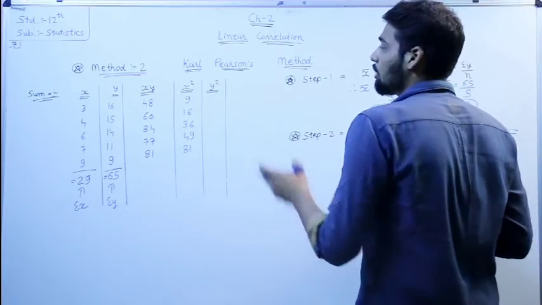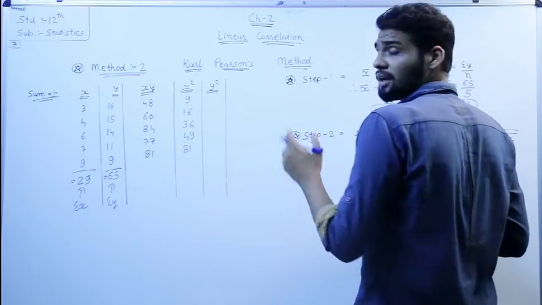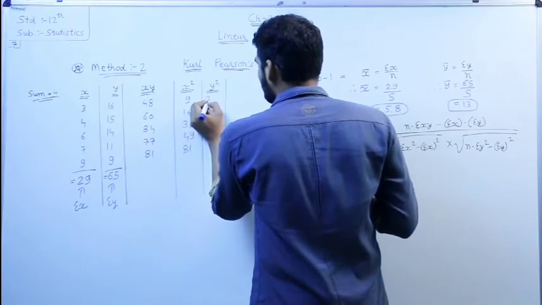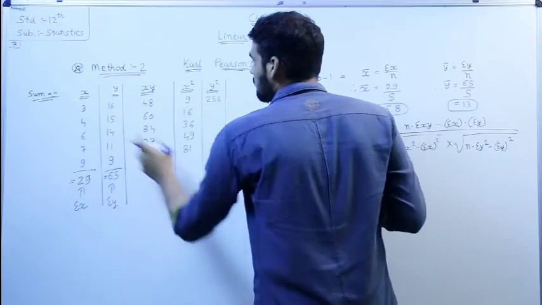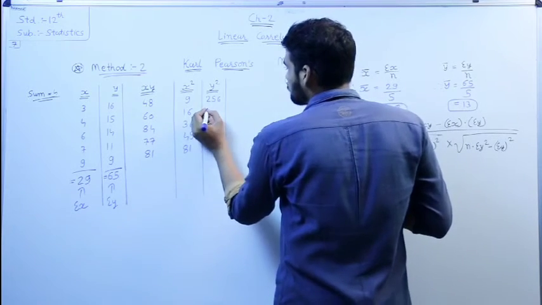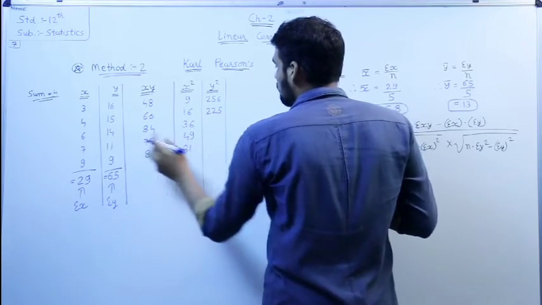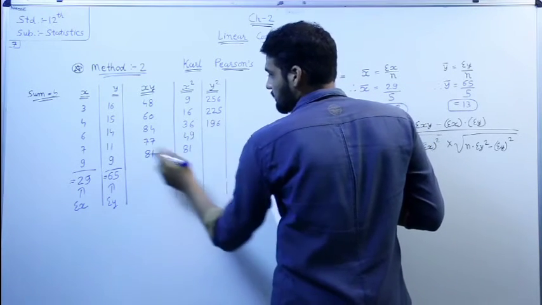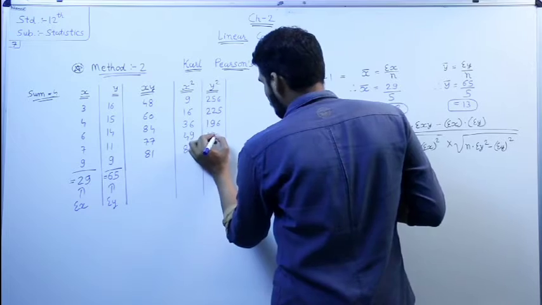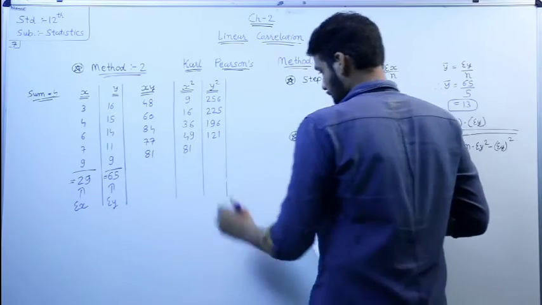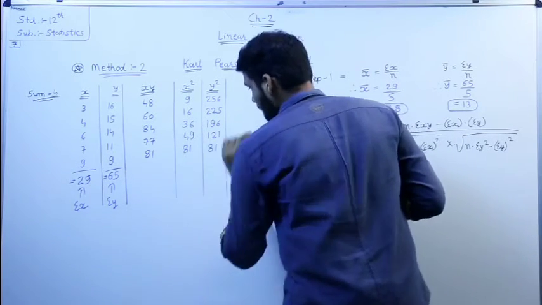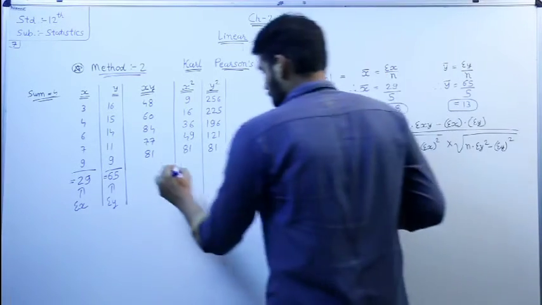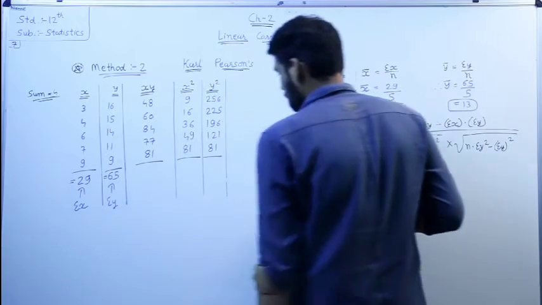So the squares of the values of variable y. So 16 square is 256, 15 square is 225, 14 square is 196, 11 square is 121, and 9 square is 81. Okay students, so let us do the addition of all columns.